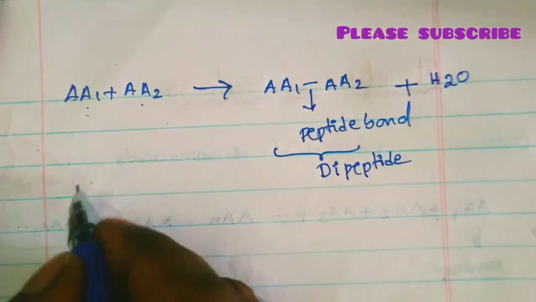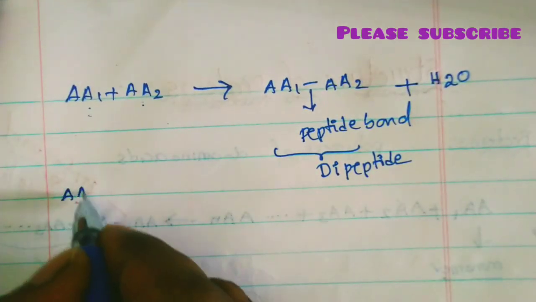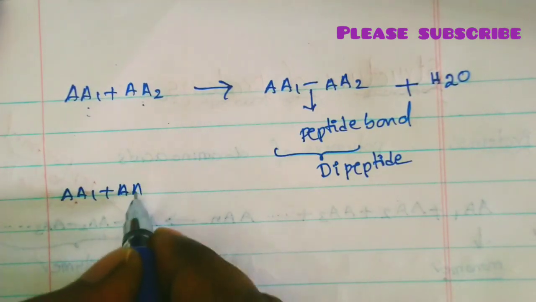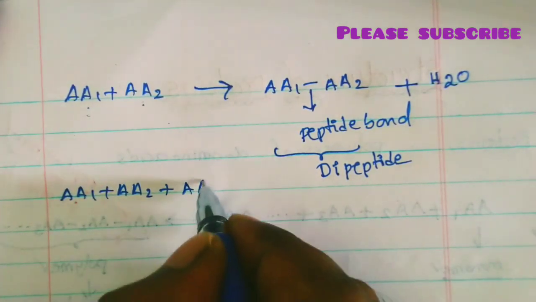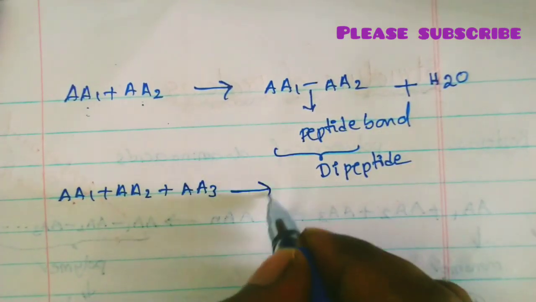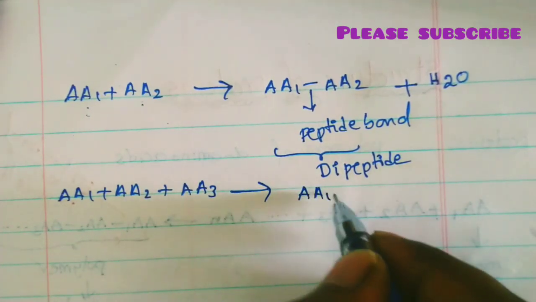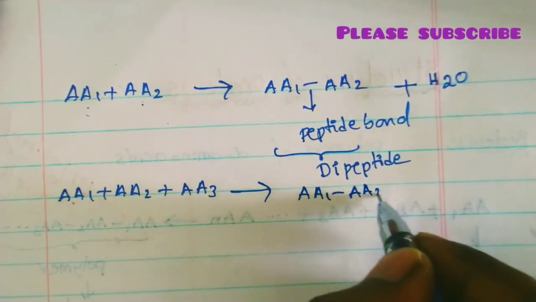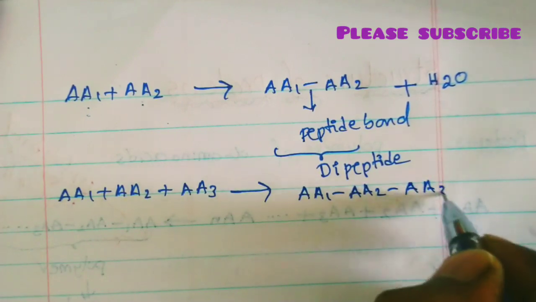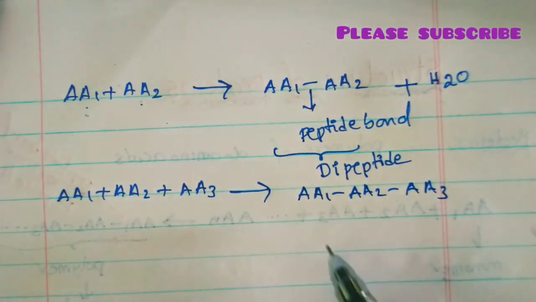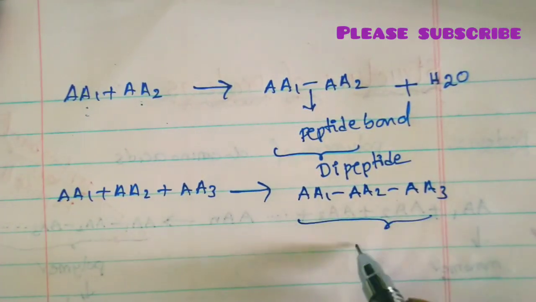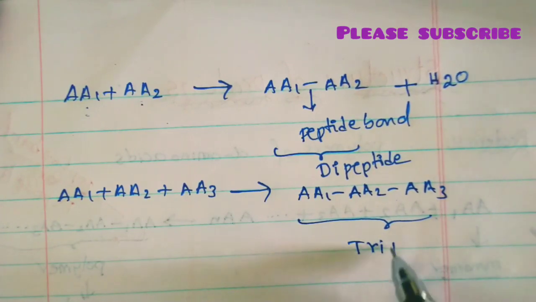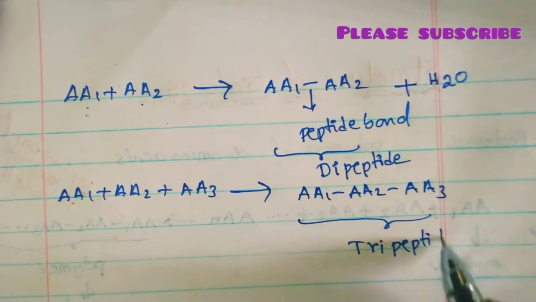Suppose I take 3 amino acids, A1 plus A2 plus A3. You will get A1 bonded with A2, which is bonded with A3. See this one. What is the name of this product? This is called a tripeptide.